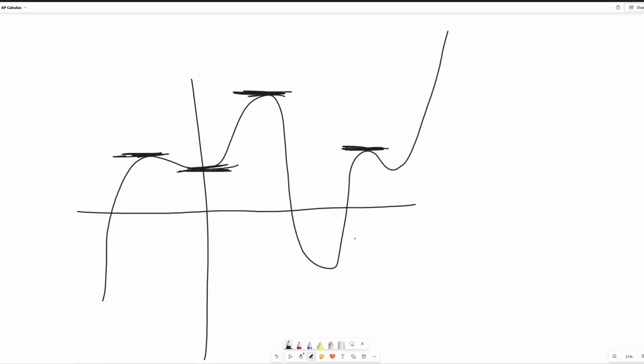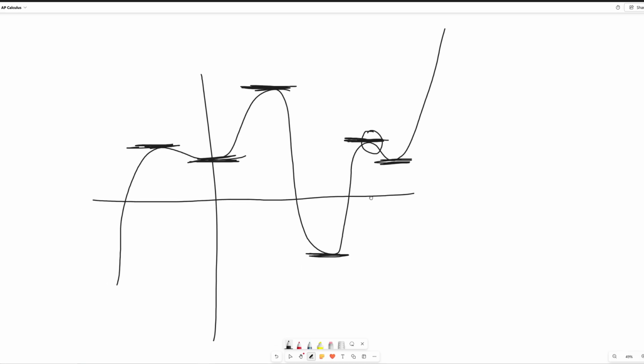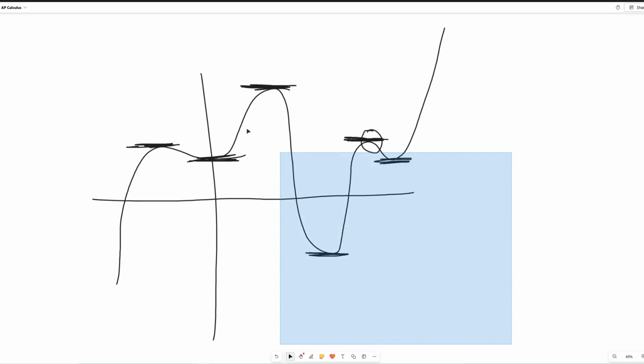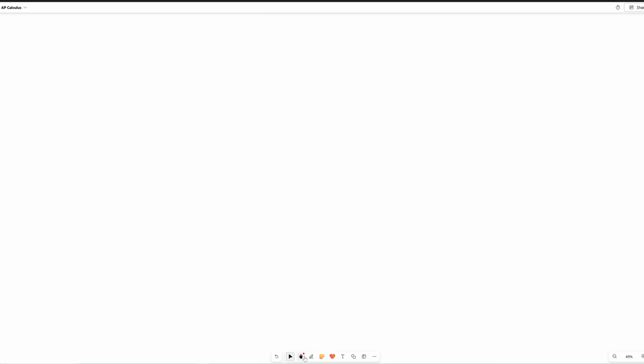So right here, and then right here. Now, what you'll notice about the lines that I drew is that on this function, you have these horizontal tangents, which is when the derivative equals 0, at all of these relative minimums and maximums. So, every relative minimum and maximum is a critical point.